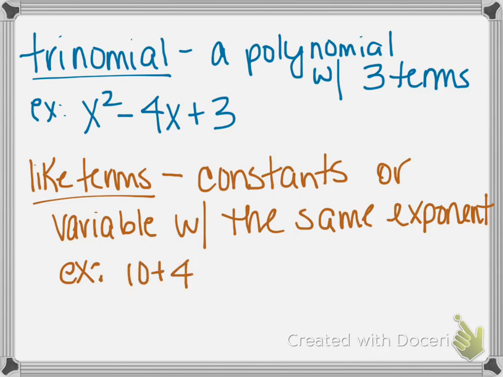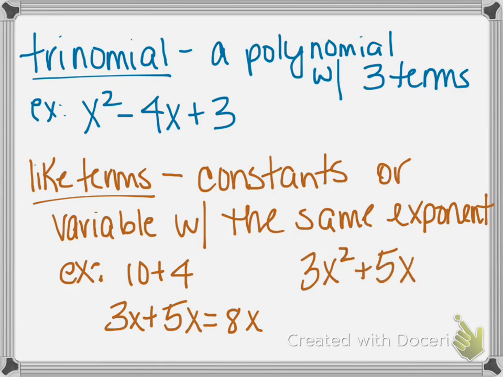Obviously, those are like terms, we can add those. Or you could have 3x plus 5x, and we could add those and get 8x. But if we had 3x squared plus 5x, I could not add these to get 8x because I have a squared term and a plain old term, which we would know to be the first power. Since they don't have the same exponent, they're not like terms. We just have to leave them be.